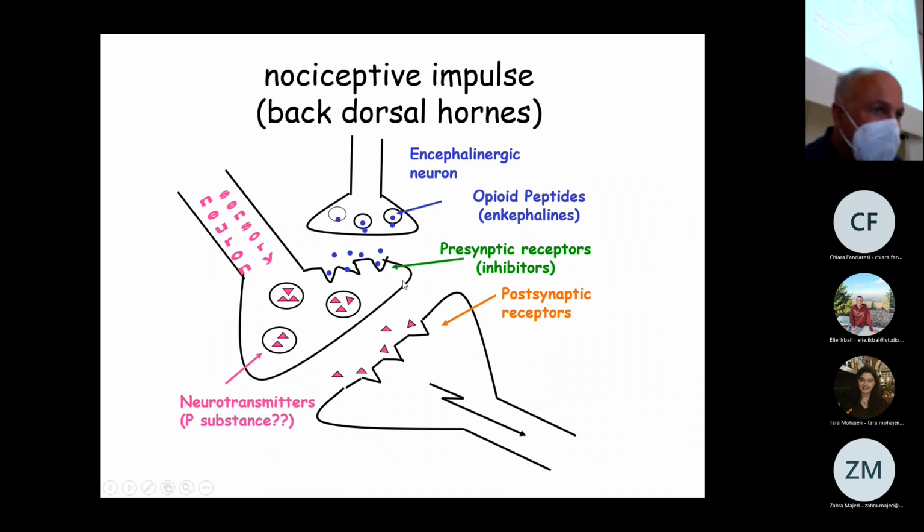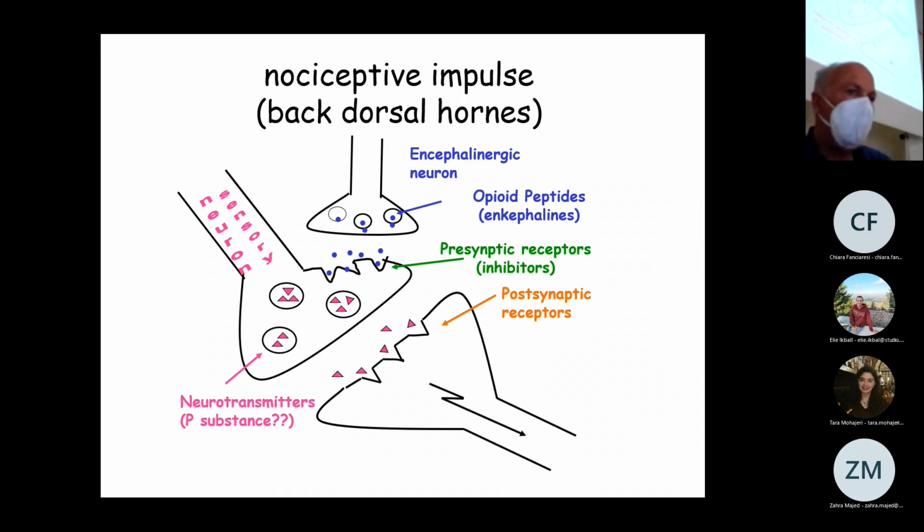But we have to stabilize the presynaptic fiber in order to block the release of substance P on this postsynaptic neuron.